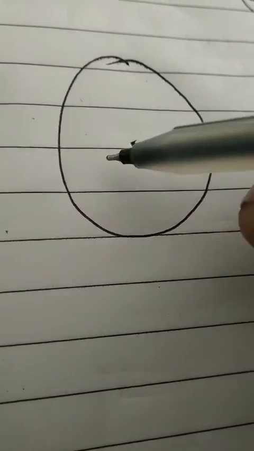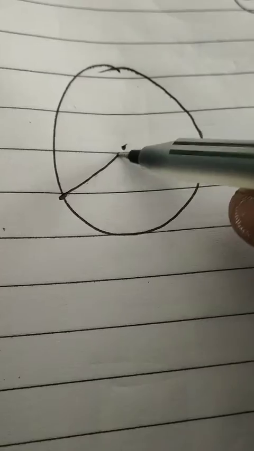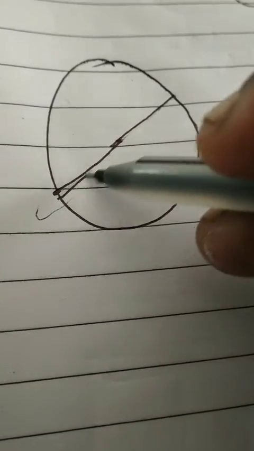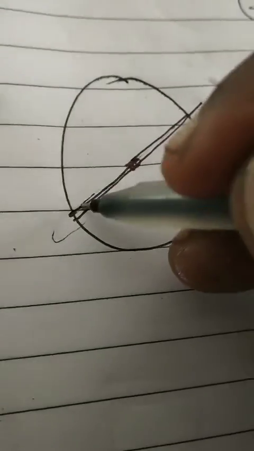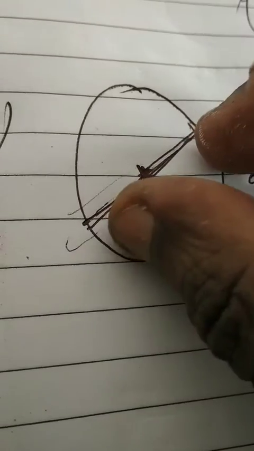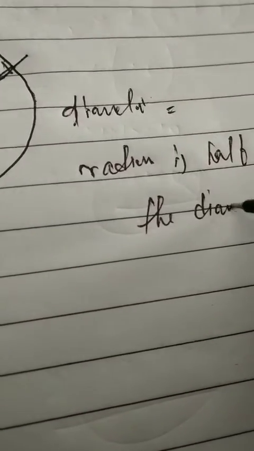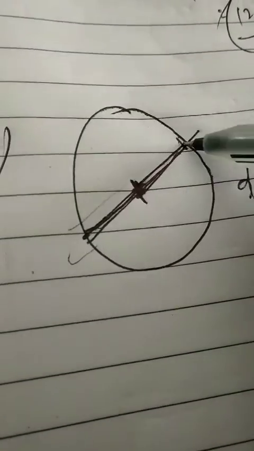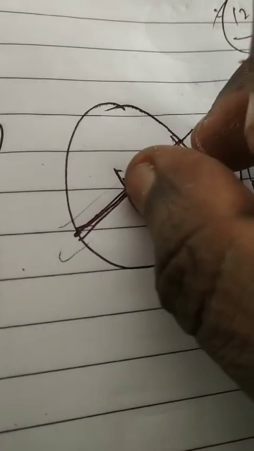A line passing through the center point is called diameter. So diameter is a line passing through the center, and the radius is just half of the diameter.